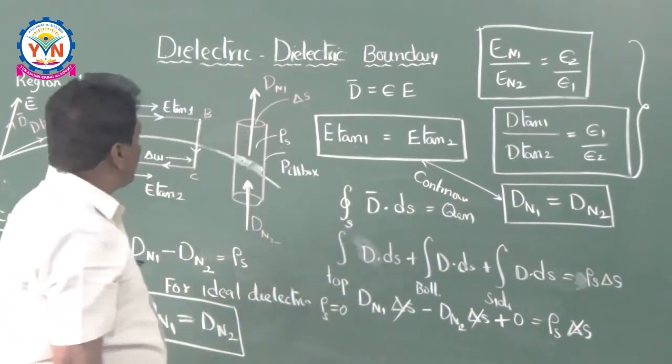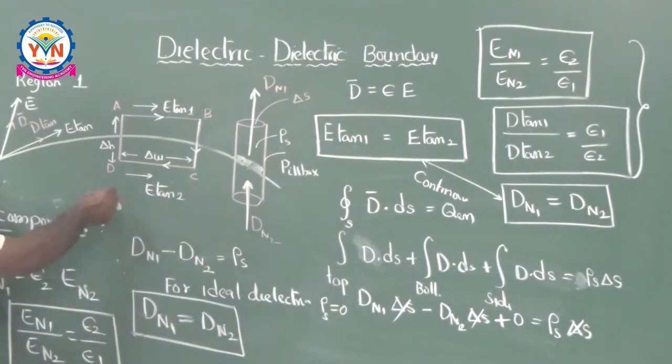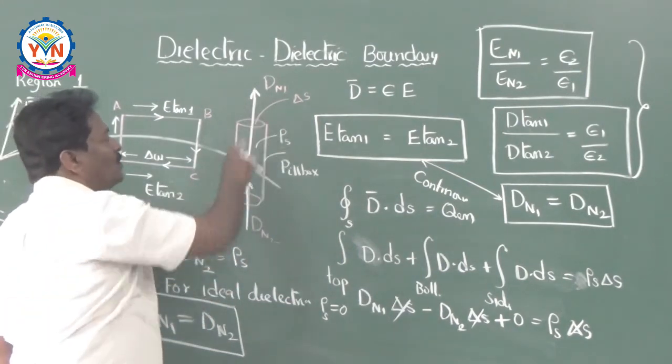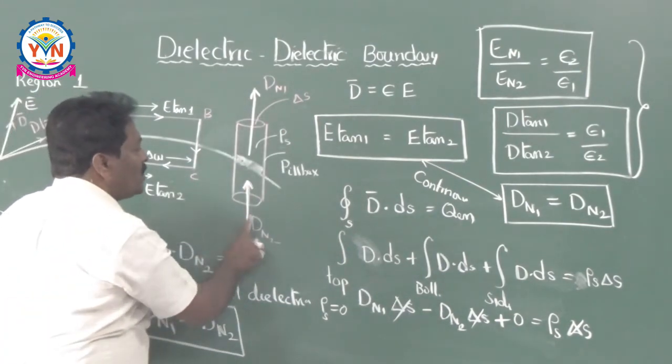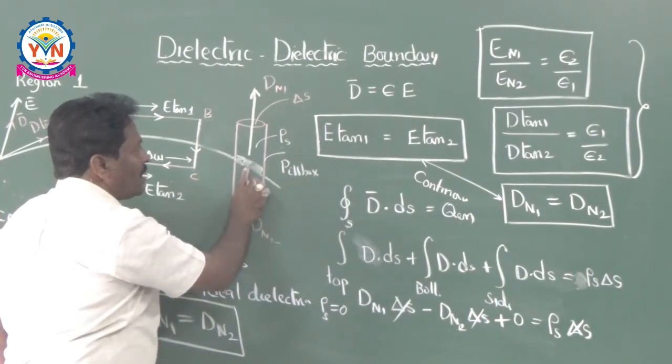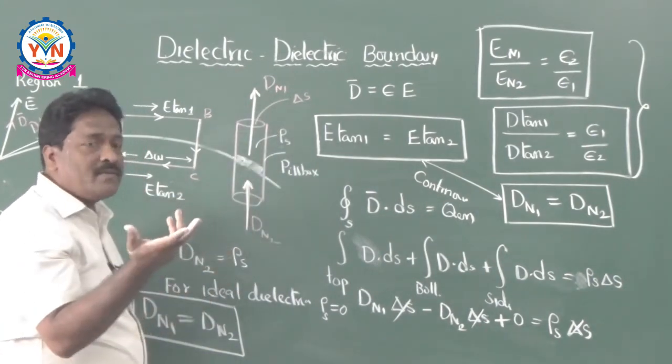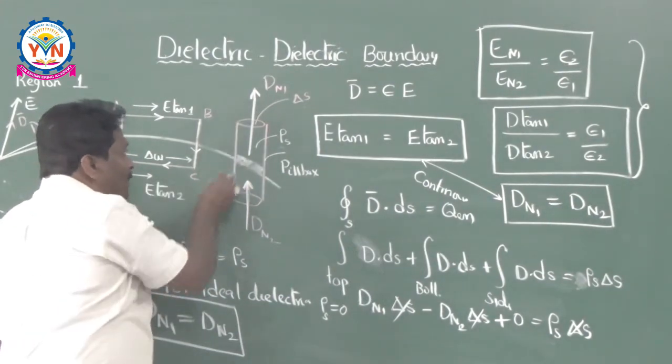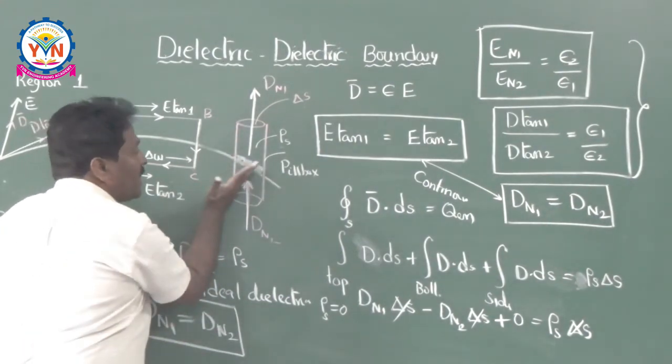So I think you understood these tangential and normal components now. Here Dn2 is going straight away, reaching this boundary and leaving here. Sometimes because of the medium properties they come at angles also.